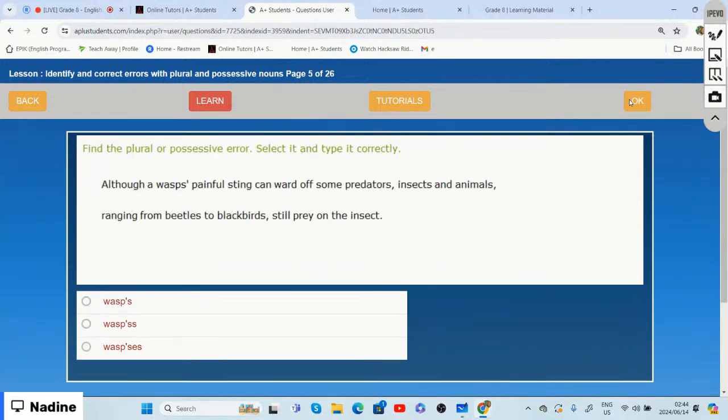If we put our apostrophe there, then it means that we are putting emphasis only on that employee that has something or owns something.